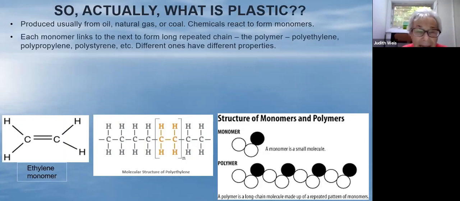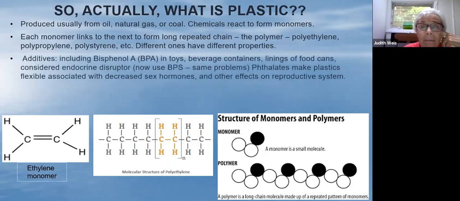The names of the plastics would be polypropylene, polyethylene, polystyrene, and so forth. They have different properties depending on what the starting point, the monomer, was. But in addition, there's also a bunch of additive chemicals put in there, such as bisphenol A, which is used in toys and beverage containers and liners of food containers.